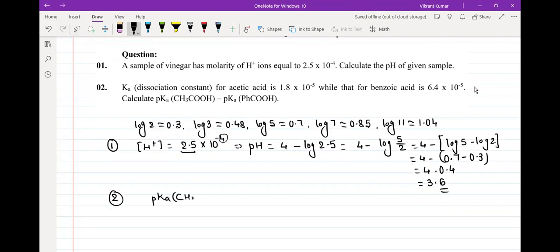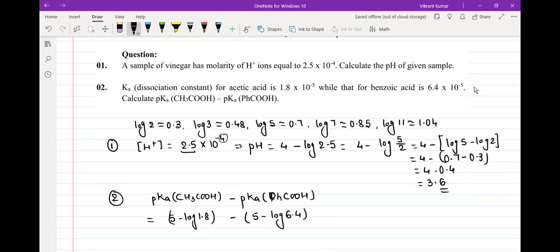pK of CH3COOH minus pK of that is C6H5COOH, that is the same. So if you see, this will become 5 minus log 1.8, right, and this will become 5 minus log 6.4.